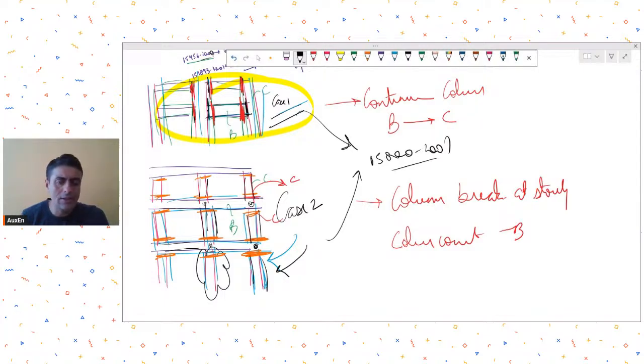I'm forgetting the exact clause number, but the code is not allowing us to even assume that these will be credible rigid connections if you are doing something like case 2. So it is case 1 that we will prefer.